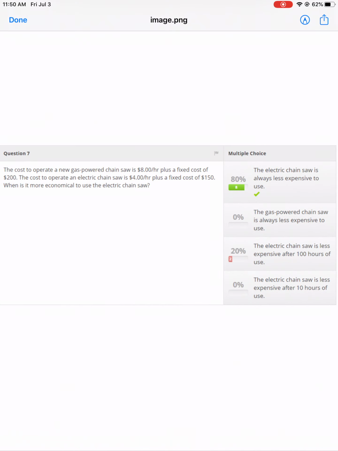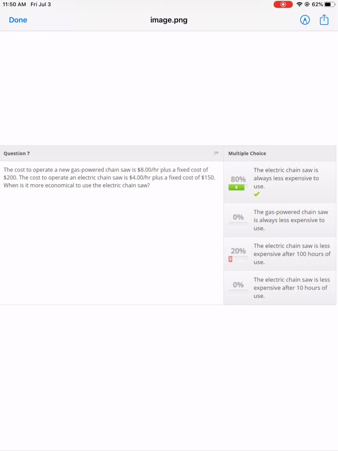The cost to operate a new gas-powered chainsaw is $8 per hour plus a fixed cost of $200. The cost to operate an electric chainsaw is $4 per hour plus a fixed cost of $150. When is it more economical to use the chainsaw? So this is going to be like your point of intersection.